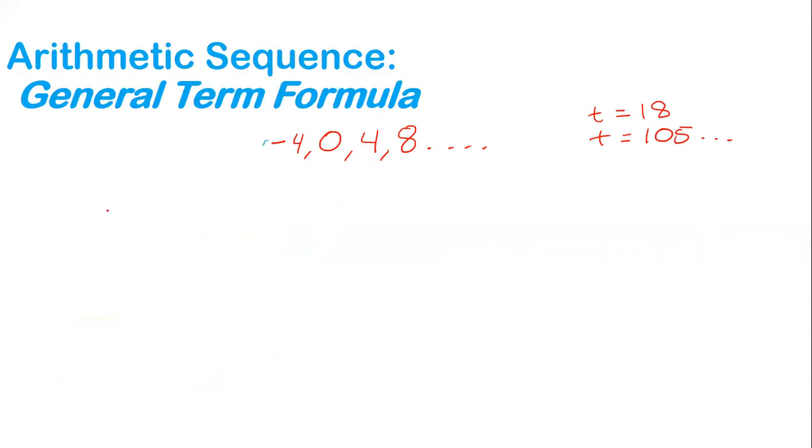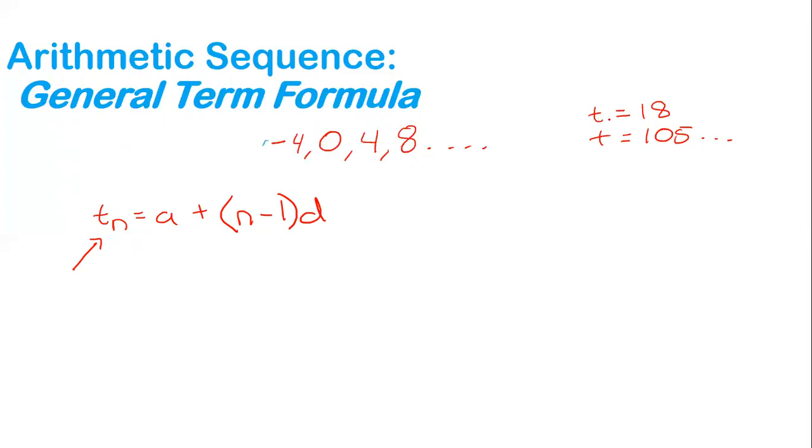So the general term formula looks like this. This is for only an arithmetic sequence. So what does this formula mean? Well, simply put, t sub n is our term at whatever n we're looking for.